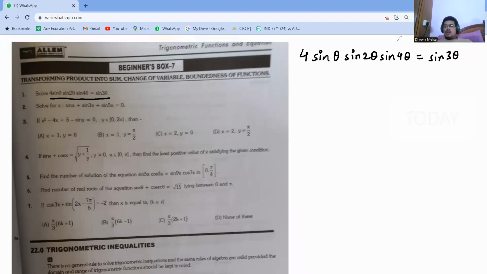See, I can give you one hint. We have 3 theta over here. So let's try and use some formula by which we can create 3 theta over here as well. We can take sine 2 theta and sine 4 theta in terms of sine 3 theta, like 4 sine theta and then 3 theta minus theta.